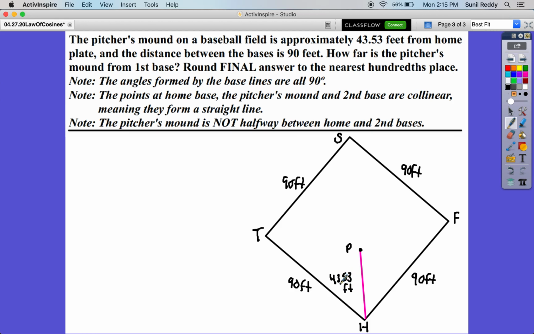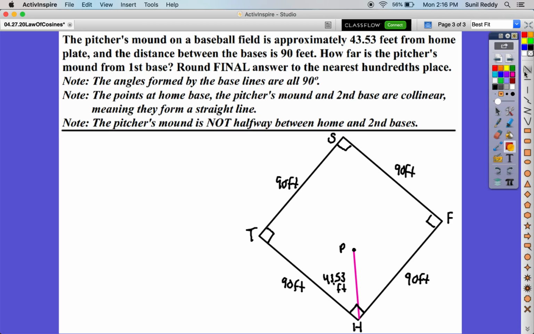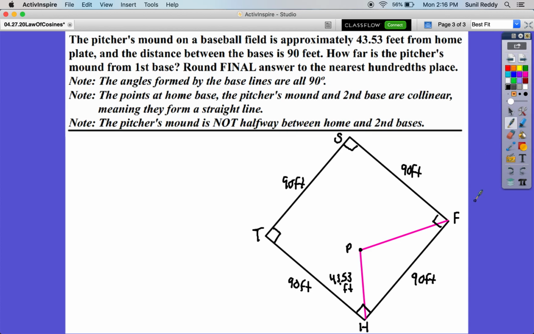And we also knew that the angles formed by the baselines are right angles, so I can put in these right angle boxes at all of those angles for 90 degrees. What we're looking for is the distance from the pitcher's mound to first base. So that segment there is opposite angle H, so I'm going to refer to that as little h.